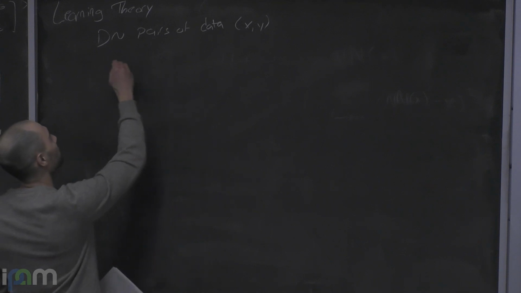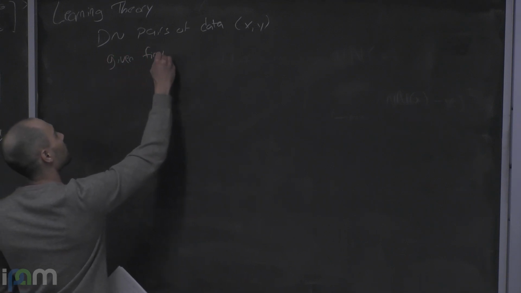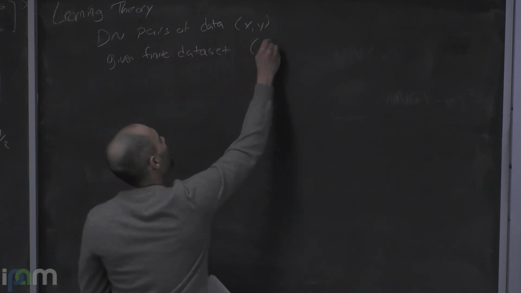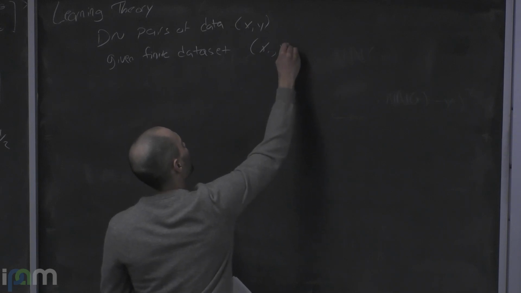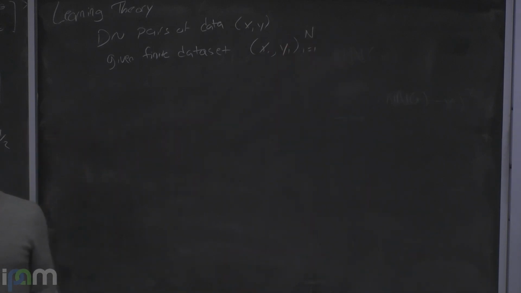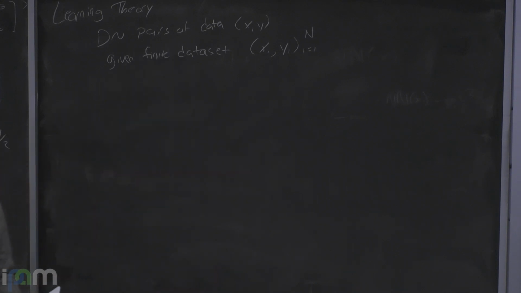As I mentioned, we're given a finite data set (x_i, y_i), where i goes from 1 to n. So in general, we're given n elements of this distribution, and we can assume they're IID, independent, identically distributed from this distribution D.